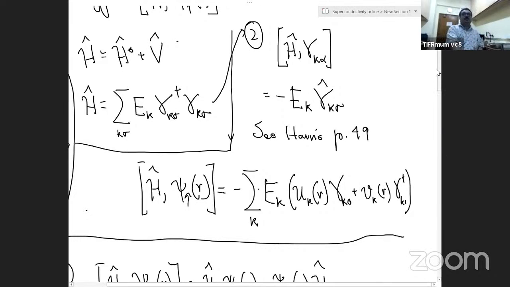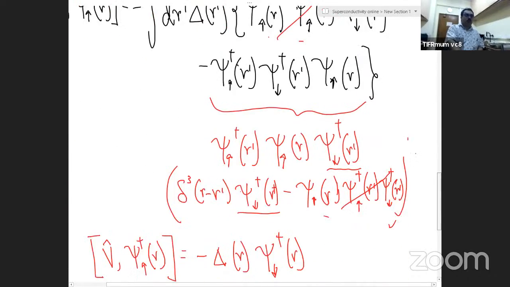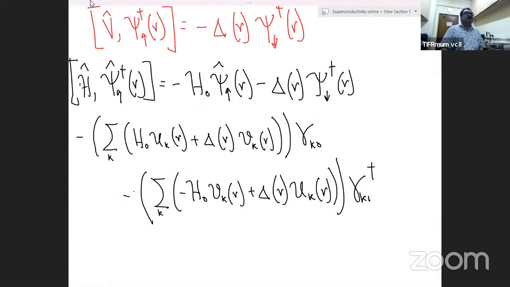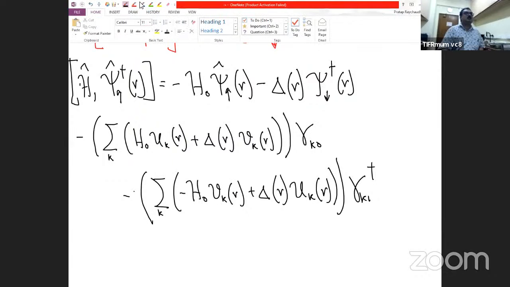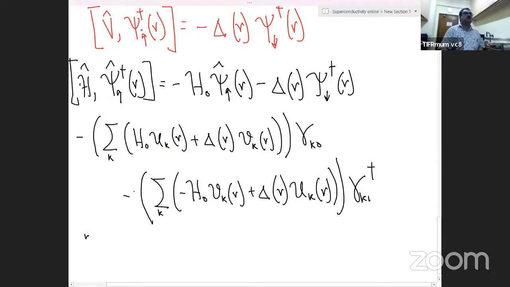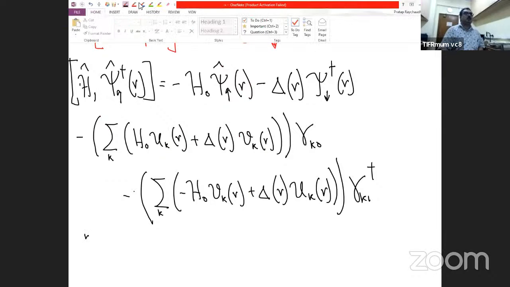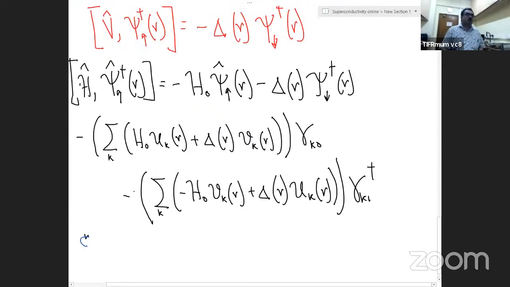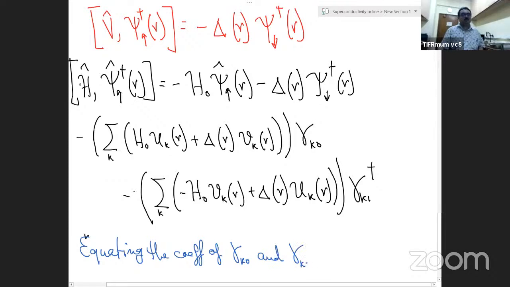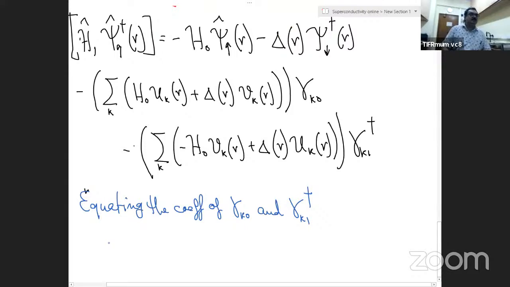So I will equate the coefficients. What you will get is this.